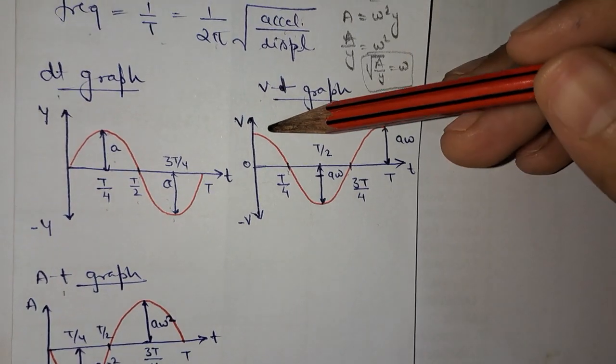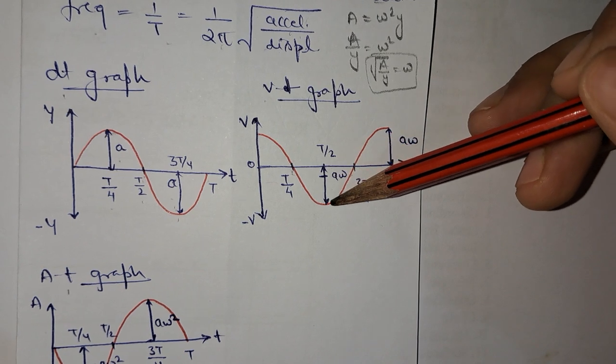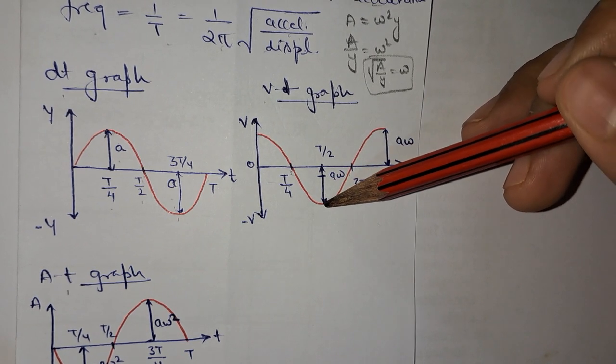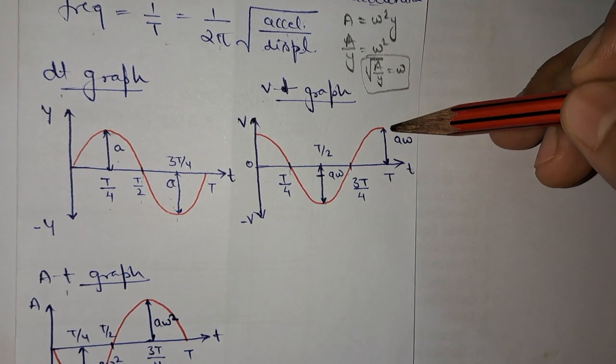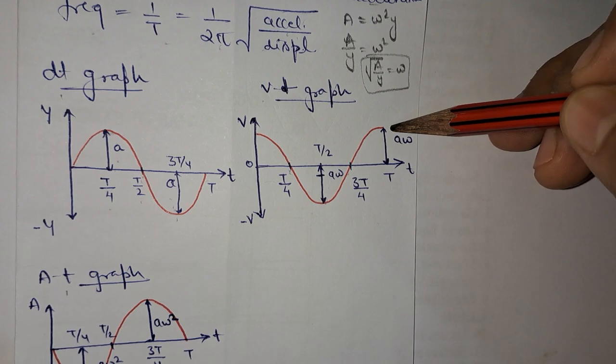Similarly, at the opposite extreme position, it is minus a omega, and at mean positions it is a omega.